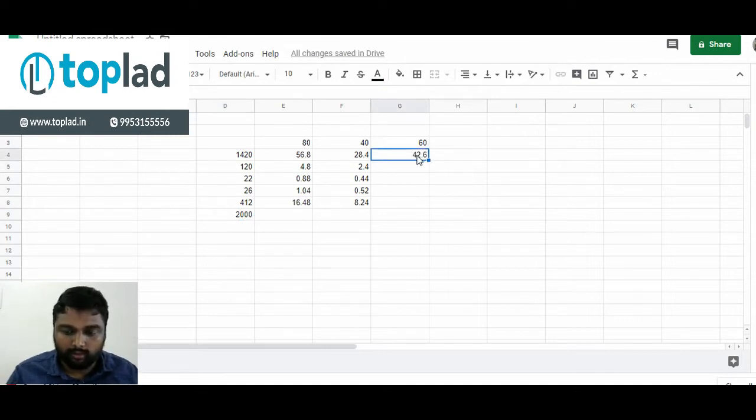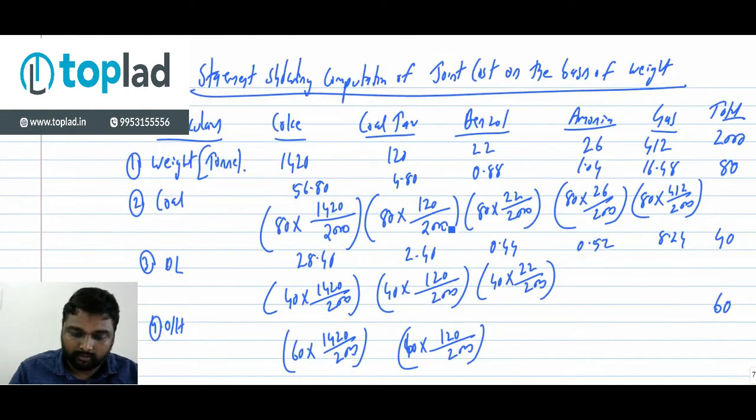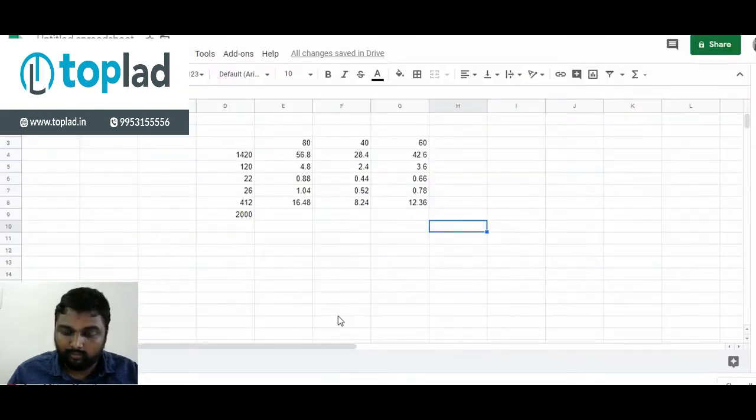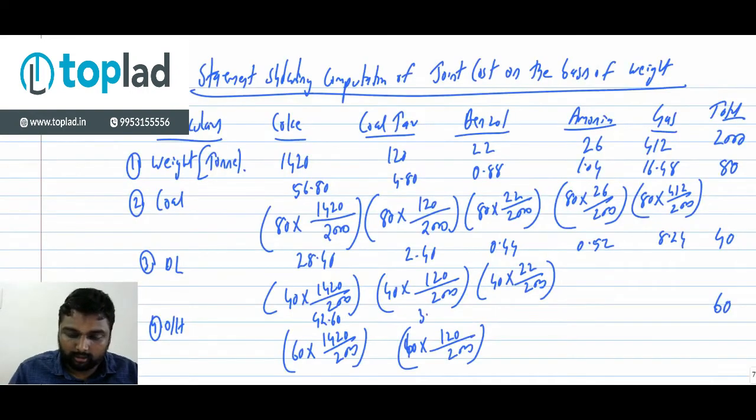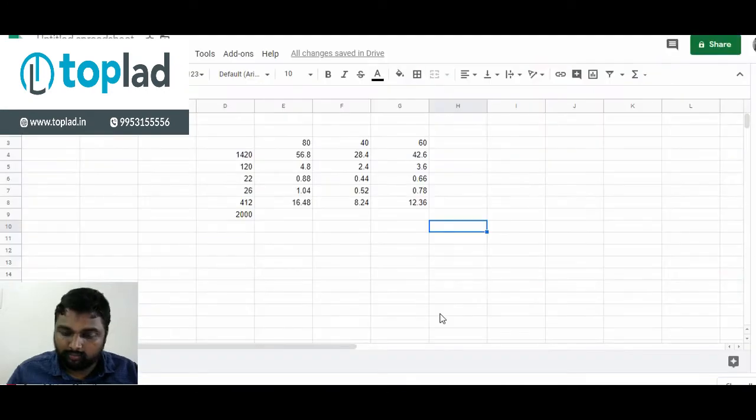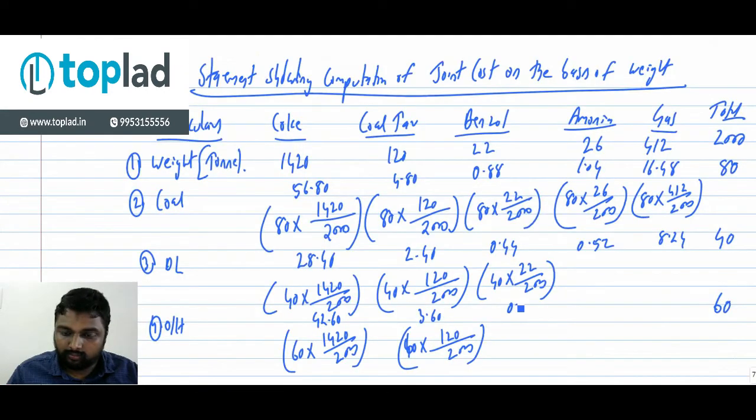Most of you know this. So 42.6, 3.6, 0.66, 0.78, 12.36.